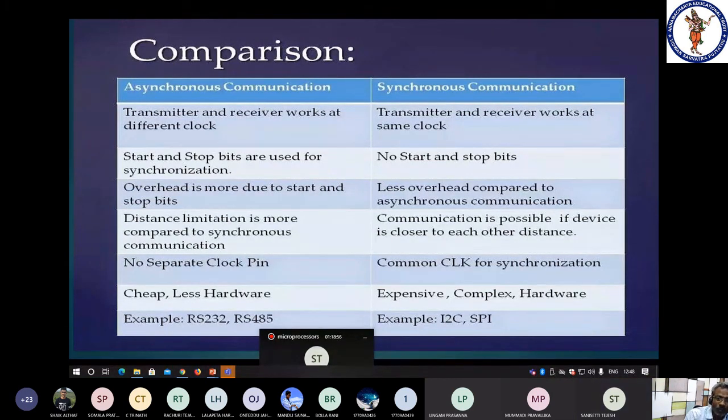Yes, it is possible, because still 192 bits are free. So another important difference is that in asynchronous communication there is a wastage of bandwidth because of overhead bits, the start and stop bits.